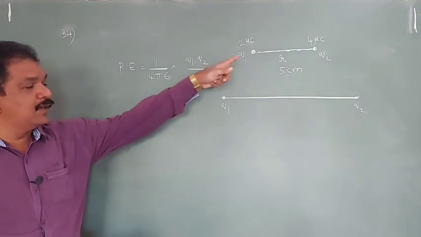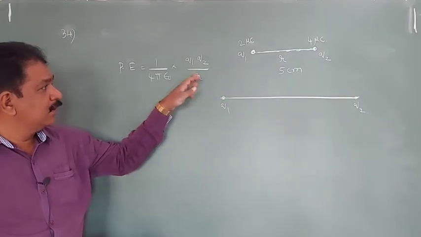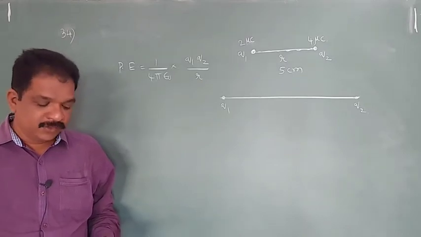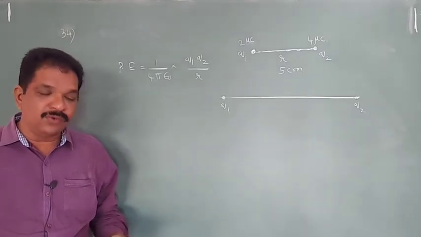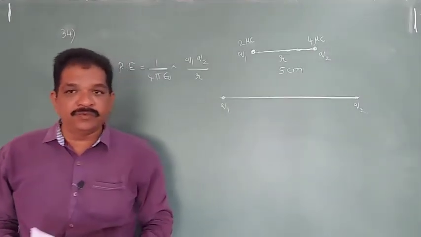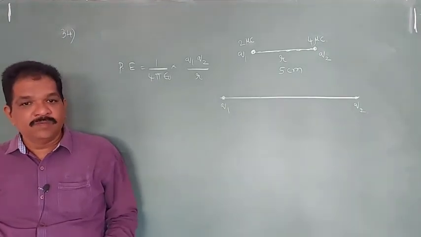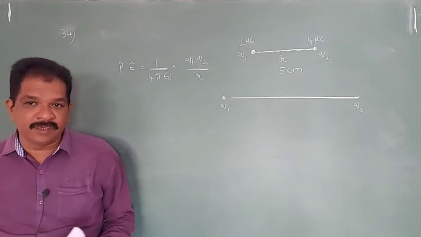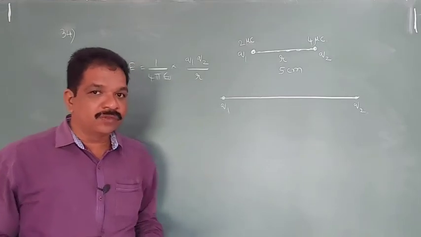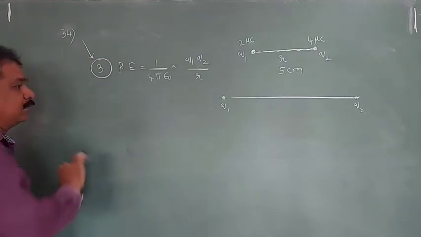For example, if one of the two charges is negative, what will happen? Potential value will increase. So it may increase or may decrease. If these two are positive charges, potential energy value will decrease. If one is positive and one is negative, potential energy value will increase. So 34, it will be third option.